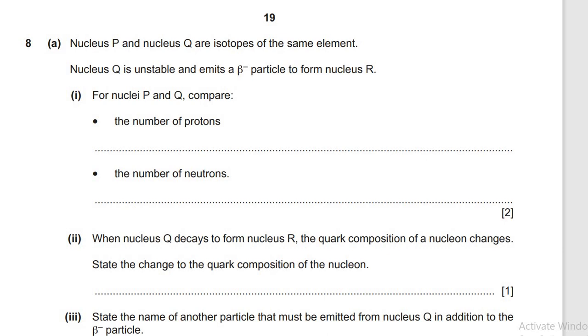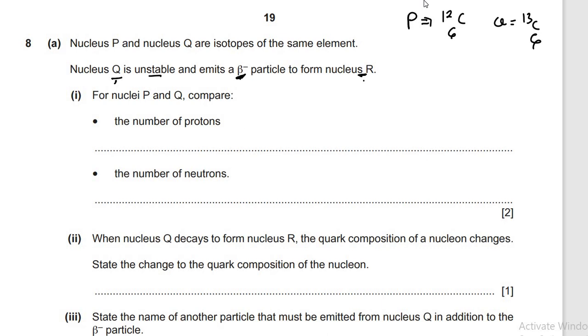The last question. Nucleus P and Q are isotopes of the same element. Nucleus Q is unstable and emits beta negative to form nucleus R. Okay, nucleus Q emits this to form R. So let's assume something. Let me say P is carbon 12 with 6 protons, Q is carbon 13 with 6 protons.